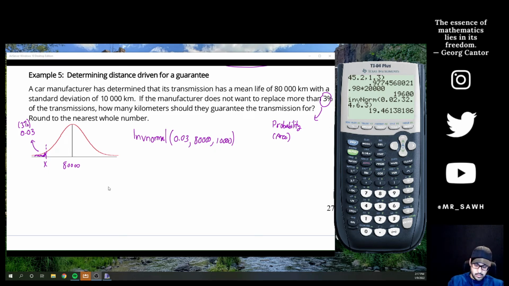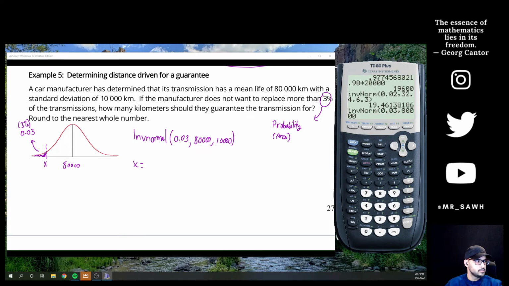Okay, so we'll go find the data value for x that makes this work. 0.03, then 80K, then 10,000. There we go. So to the nearest whole number, 61,192 kilometers.